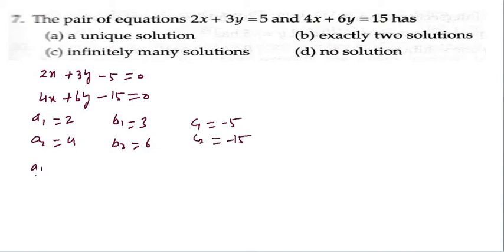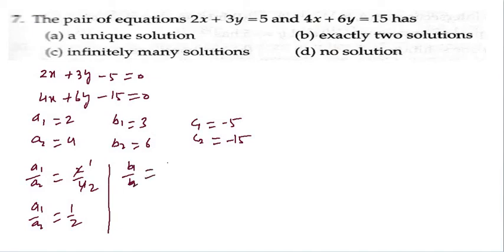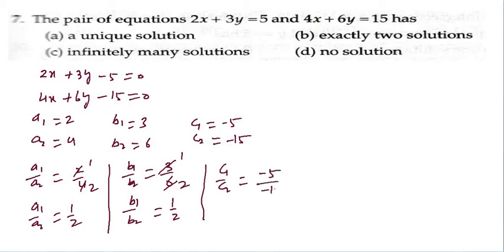Now we can find a1 upon a2. a1 is 2 and a2 is 4. So 2 ones are 2, 2 twos are 4. So a1 upon a2 will be equal to 1 by 2. Now come to b1 upon b2. b1 is 3 and b2 is 6. So b1 upon b2 कितना हो जाएगा? It is 1 by 2. Now come to c1 upon c2. It is minus 5 and minus 15.